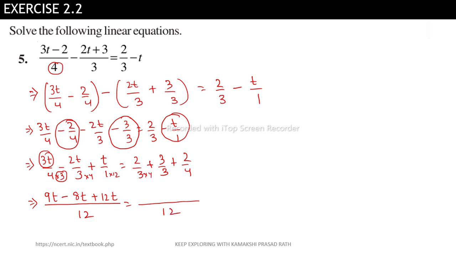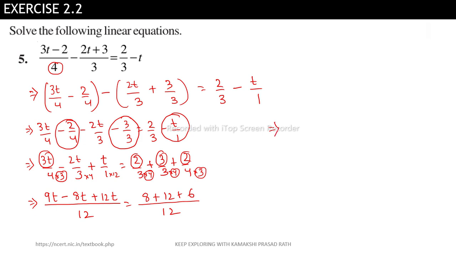So 3 4s are 12, 3 4s are 12, and 4 3s are 12. Whatever you multiply to the denominator, the same thing is multiplied to the numerator. So 2 4s are 8, 3 4s are 12, and 2 3s are 6.